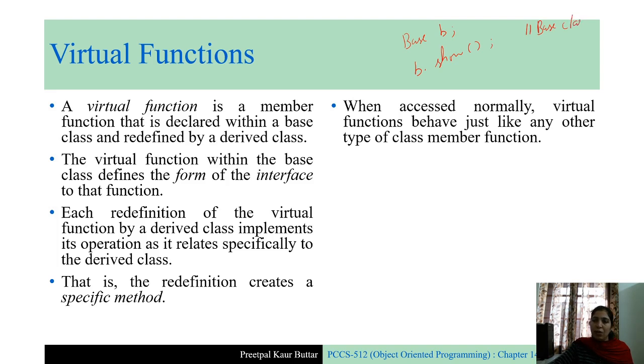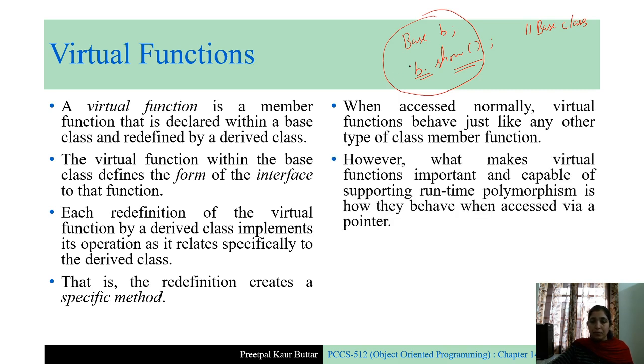It will behave normally just like any other function. Okay, because we are accessing it normally. We are creating an object of the base class and then using that object and the dot operator we are calling this show function. Although this show function is a virtual function, because we are accessing it normally, it will behave normally like any other member function.